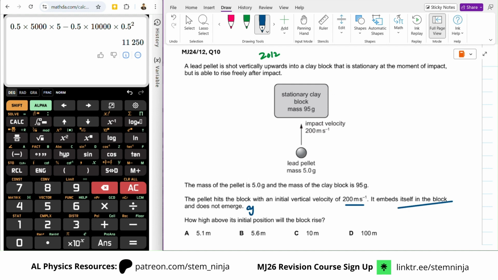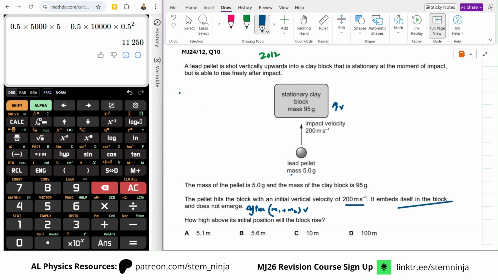That means after collision the mass is m1 plus m2, with velocity v. So how high above its initial position will the block rise? Basically we need to find the velocity after the collision, so we will use the principle of conservation of momentum.